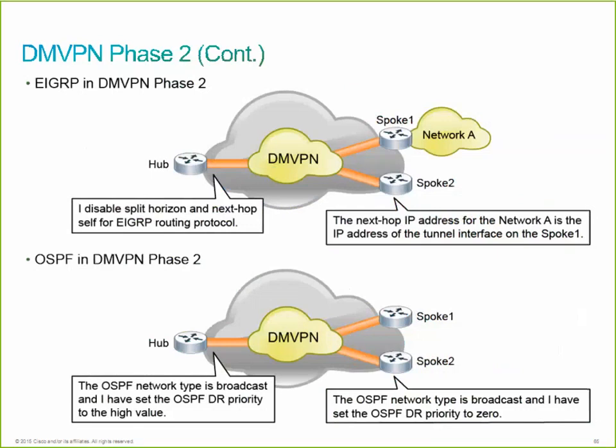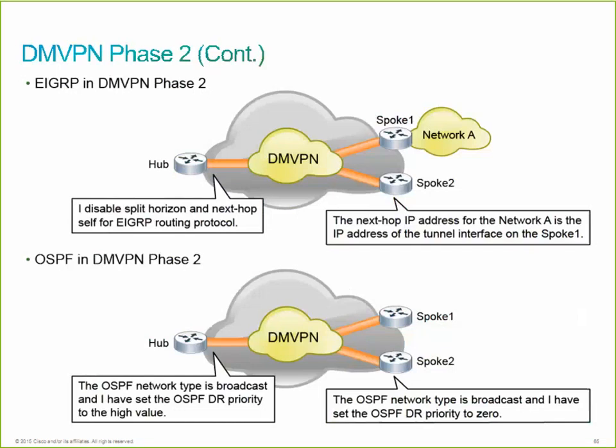If I want to use EIGRP within Phase 2, we still have to disable split horizon on the hub router. That's going to allow that hub router to send updates that are received on the tunnel interfaces of the spoke routers themselves. We also need to disable the next hop self option on the hub router. Normally we talk about that next hop self feature when we're discussing BGP, but it actually exists in EIGRP as well.